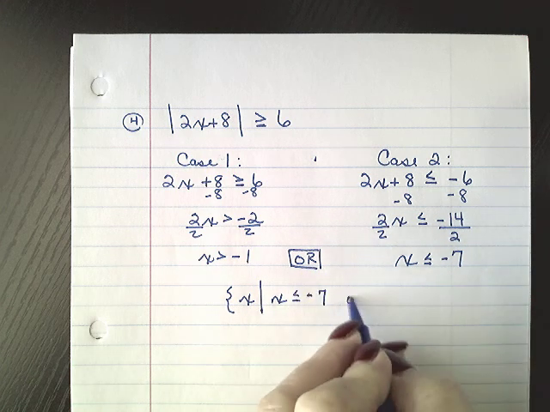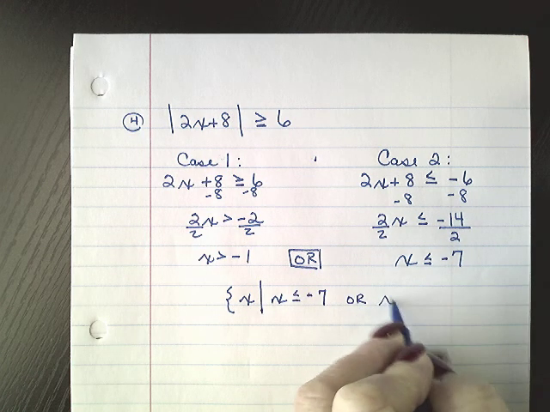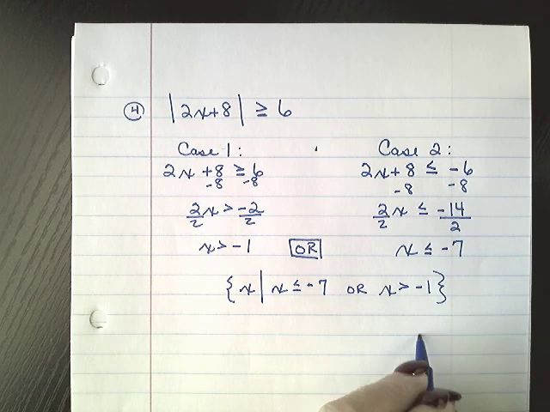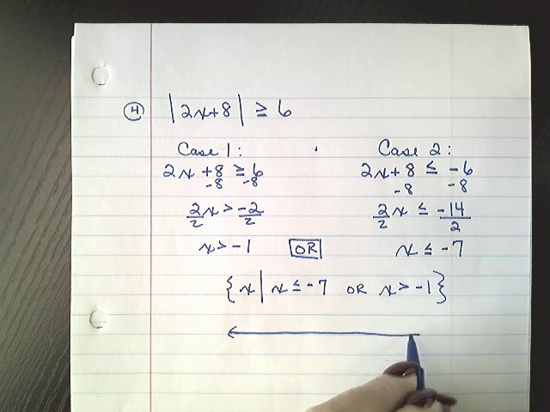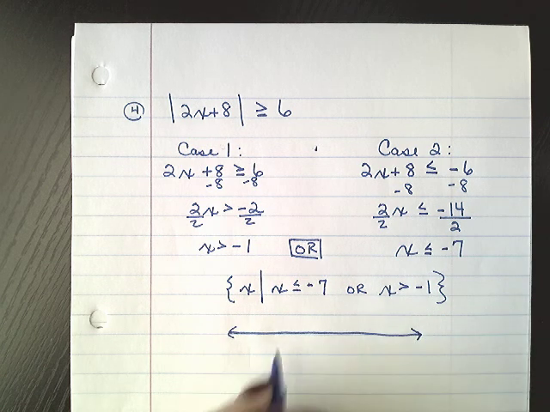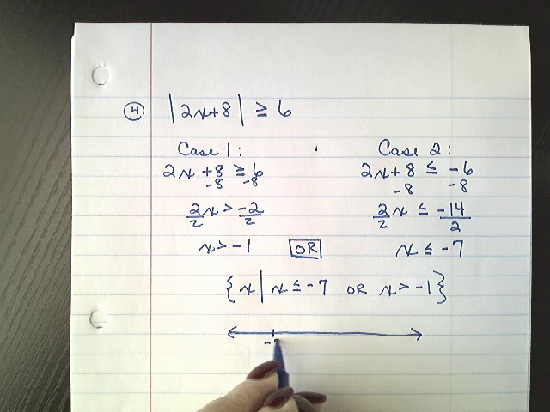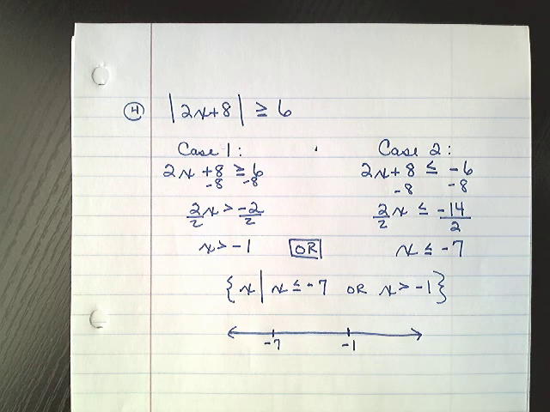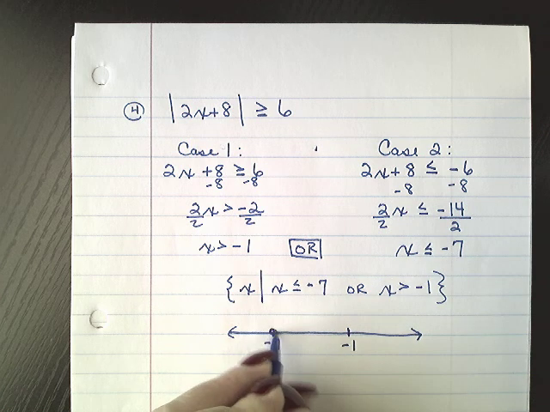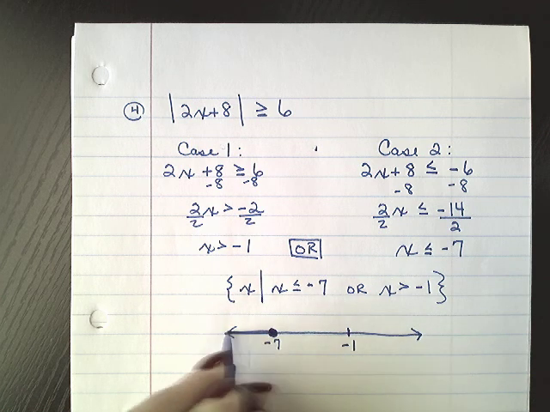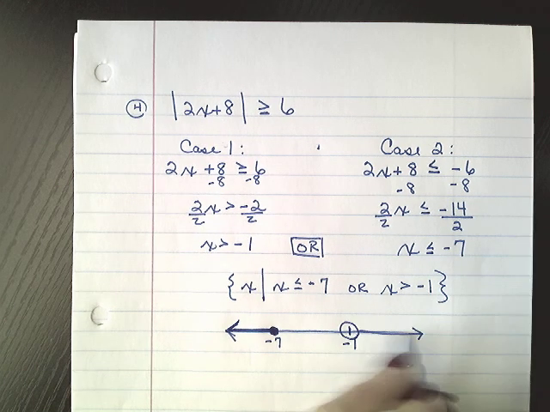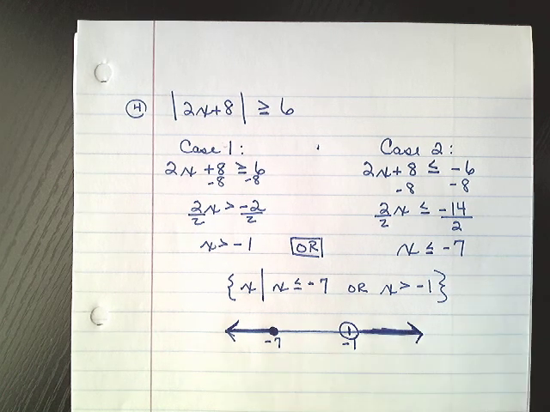Or x is greater than negative 1. So quickly seeing that in a graph, and once again, I'm only going to put those two numbers on. I would have negative 7 here, and I would have negative 1 here. Less than or equal to negative 7 means it's closed and it would go to the left. Greater than negative 1 is open and that would go to the right. So that's why this would have or in between.